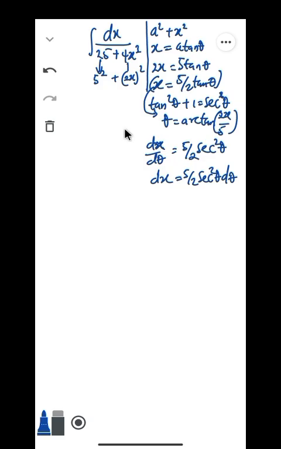Now we have all we need to solve this problem. Let's go ahead and substitute. So we have gotten dx to be 5 over 2 sec squared theta d theta. I can just bring that 5 over 2 out of the integral, and what I have here is just sec squared theta d theta over, I have 25 here, so 25 plus, now don't forget we have 4x squared over here, and remember we know x to be 5 over 2 tan theta, so we can substitute that.